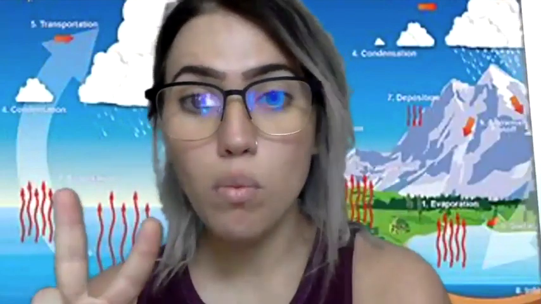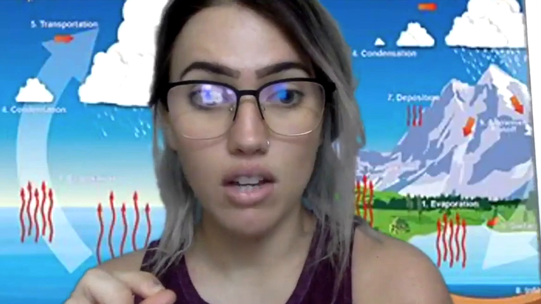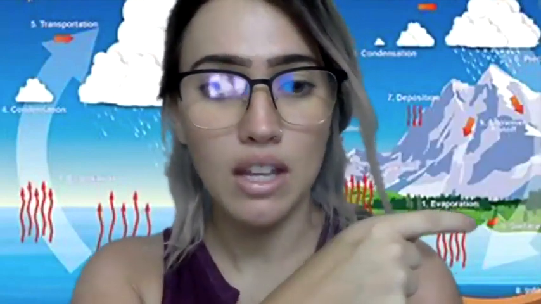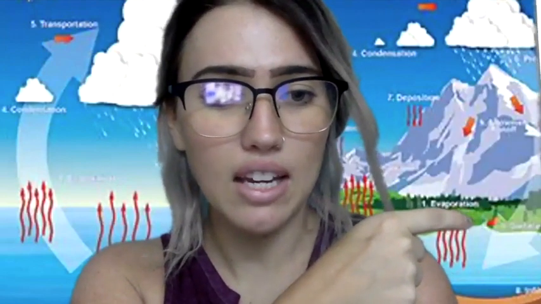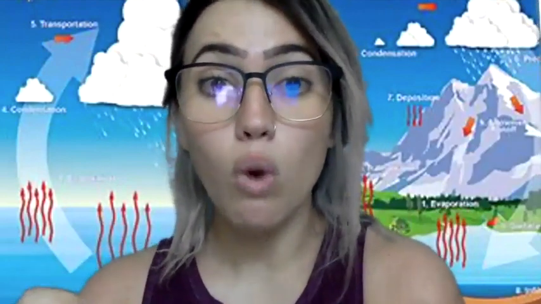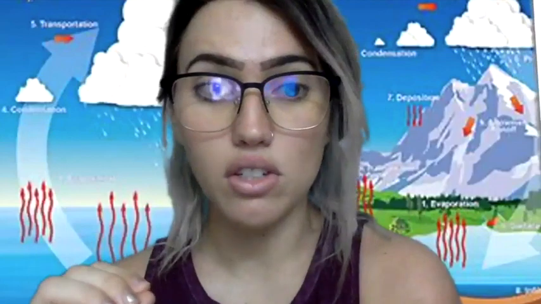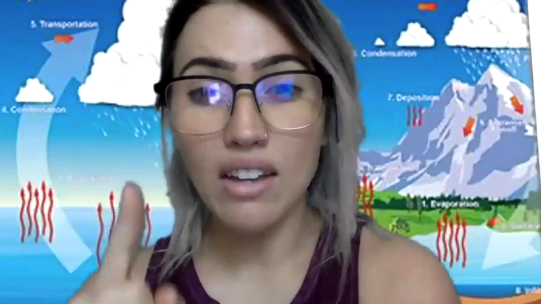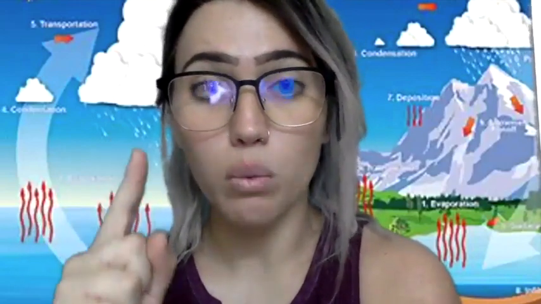But there's two major things that I want you guys to understand that are very much a part of the water cycle. If you see that little tiny arrow right there, we have something called runoff. Runoff happens when you have a lot of rain, hail, sleet, or snow, and the ground has absorbed all of the water it can absorb. That extra water is called runoff.